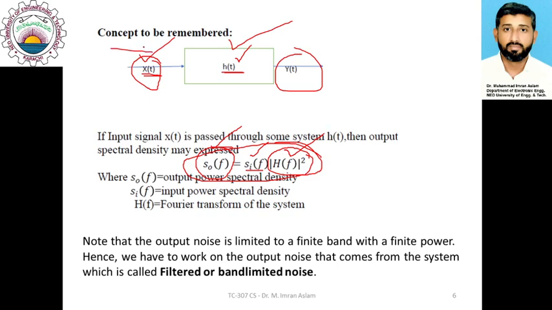So if we input noise to any system, even white noise, the output is dependent on the system response as well. Because most systems incorporate filters to some extent, for example low pass or band pass filters, whatever output we get will be limited to a certain band.